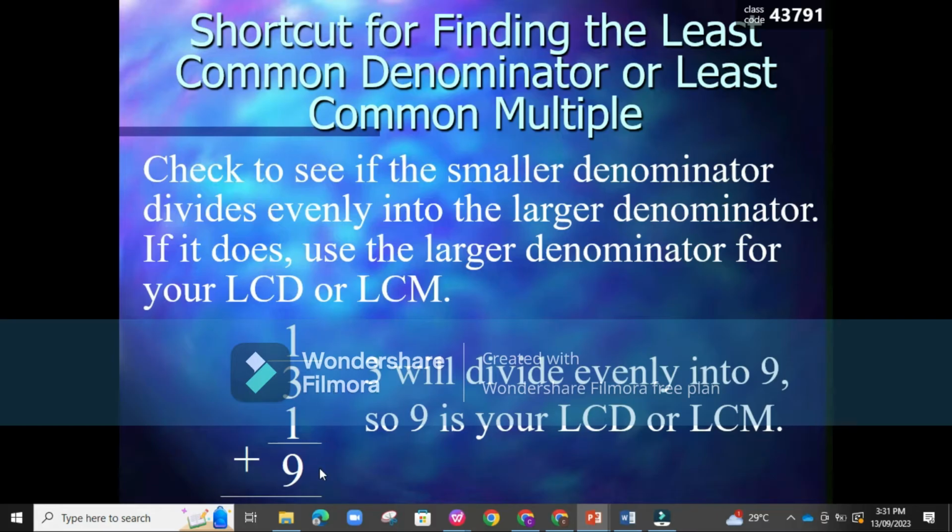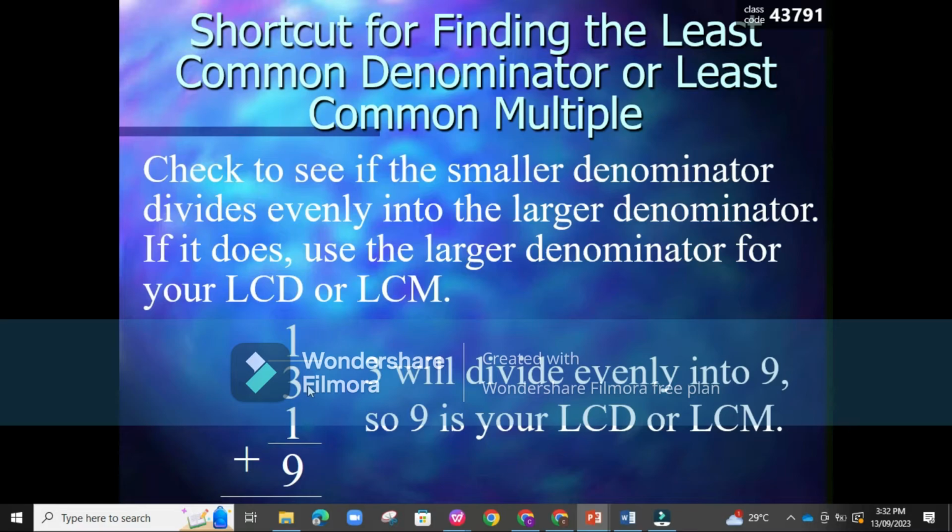Between 3 and 9, 9 is larger. Then try to divide 9 by 3. If the smaller denominator divides evenly into the larger denominator, then use the larger denominator for your LCD or LCM. Since 3 will divide evenly into 9, 9 is your LCD or LCM.